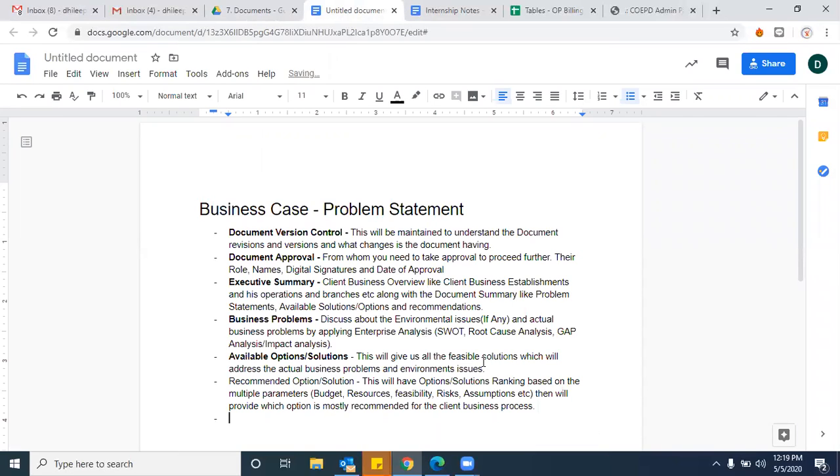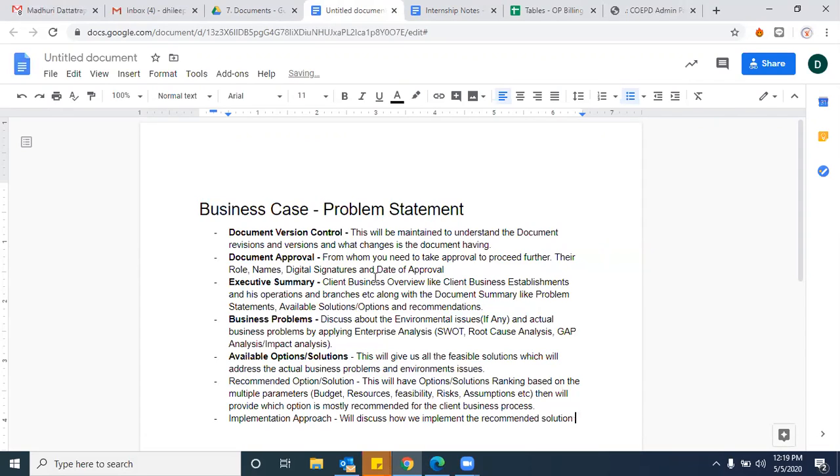Okay. So recommended solution, then implementation approach. This implementation approach will discuss how we implement the recommended solution, right or wrong?